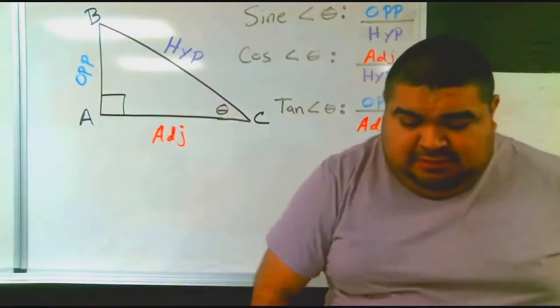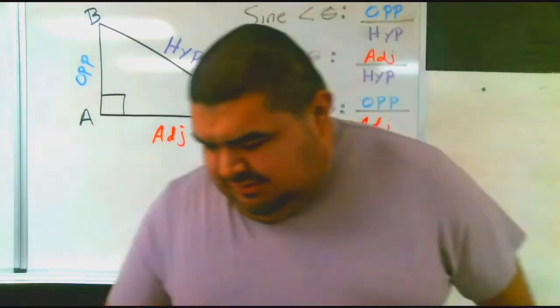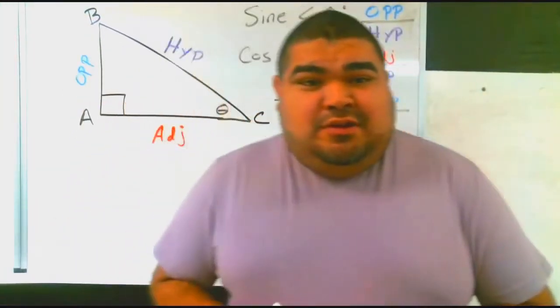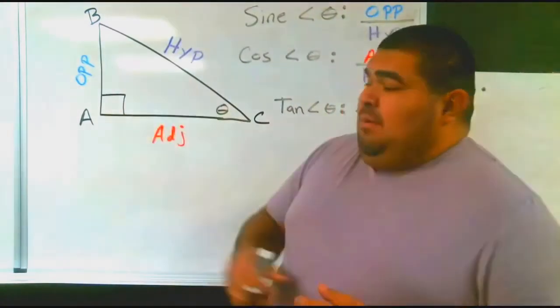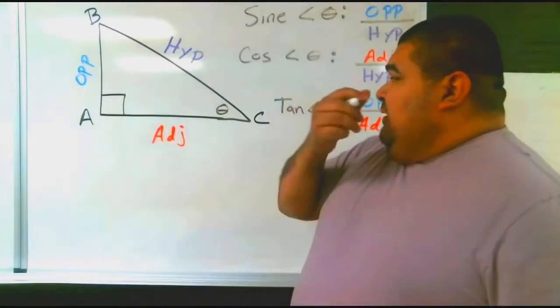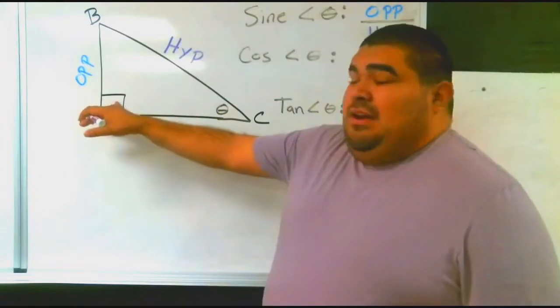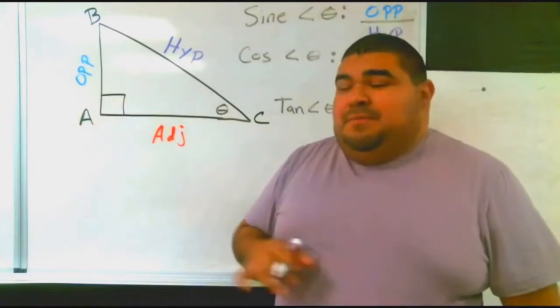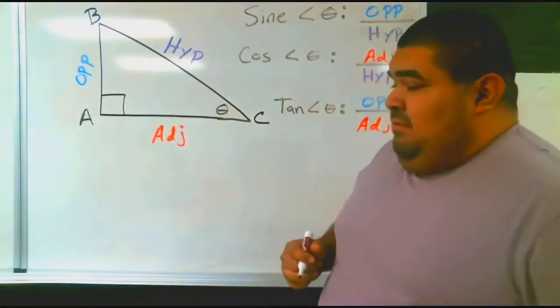Now, here's the fun part. If I were to have another triangle here, or we can even use the same one, there's just another color here so you can see the difference. Let's say we have this triangle here. First of all, we know it's a right triangle because it has the square in there, which makes a 90-degree angle.